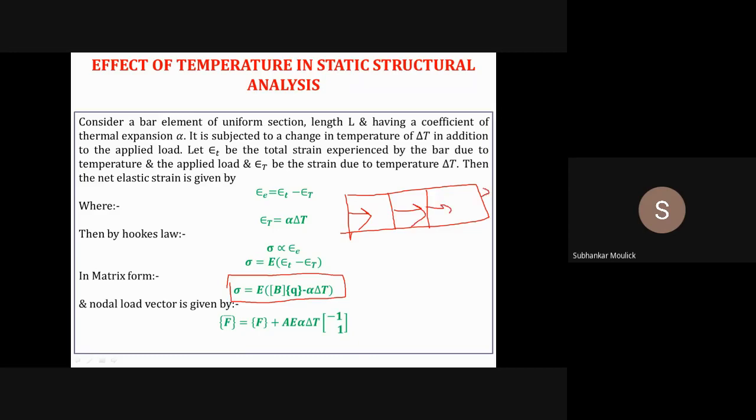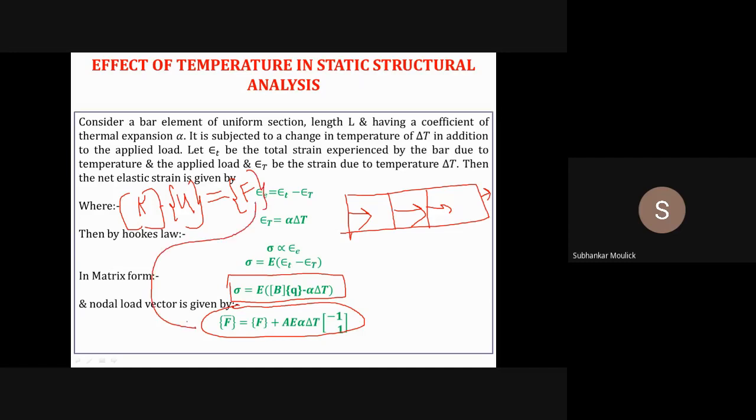That force value is given by this expression, because we know that the governing algebraic equation is the global stiffness matrix into the global displacement vector equals the global force vector, and this global force vector is nothing but this matrix, that is F bar is equal to F.